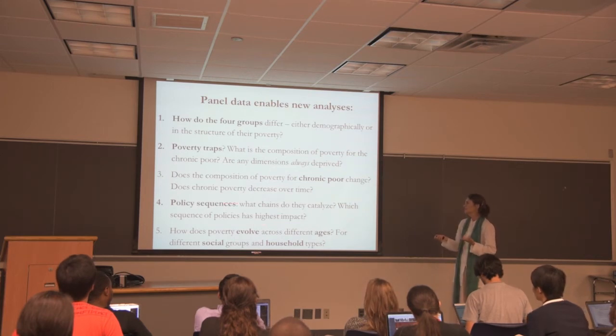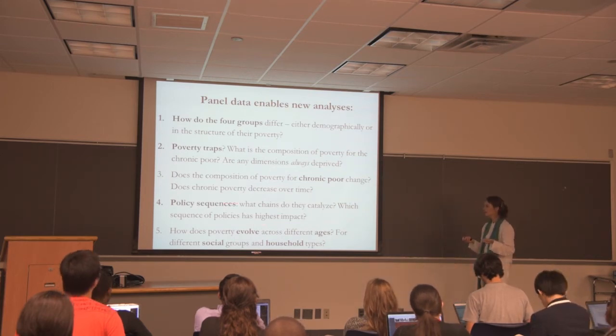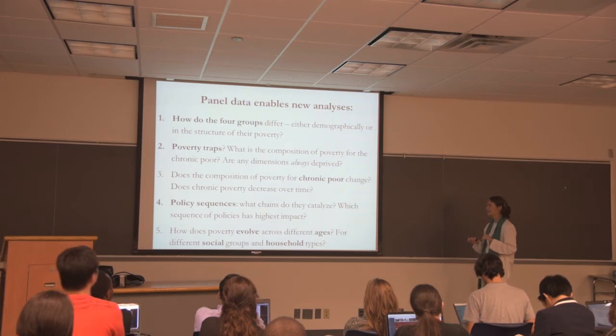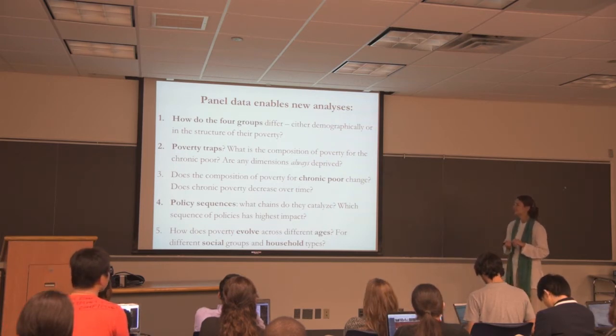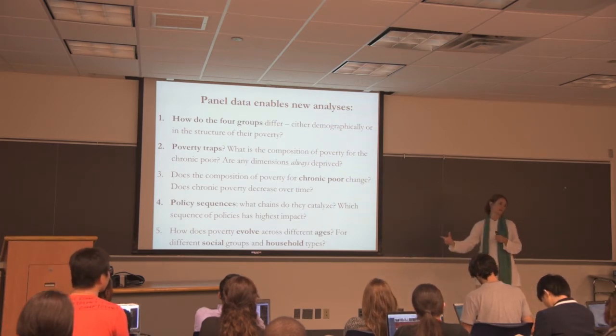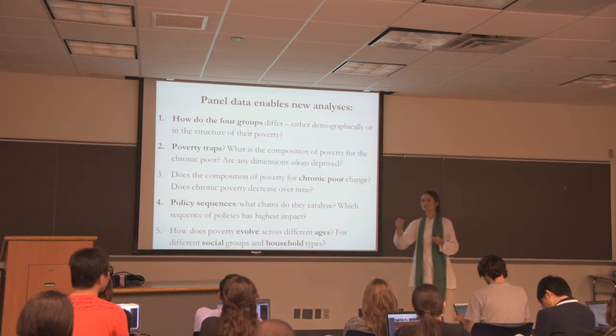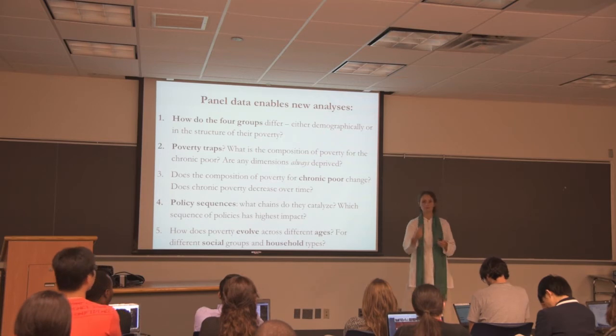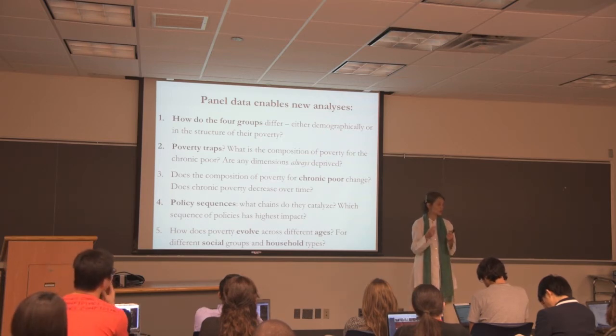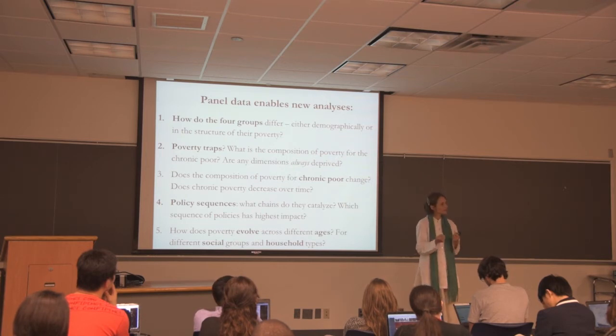And I think, of course, for policy, the most interesting one, which is regularly asked of us in the policy streams, is which sequence of policies is going to have the biggest impact? Is it going to have the biggest impact if you educate the kids or if you feed the kids? So if you're resource constrained, you have to sequence the policies. Which do you do first?